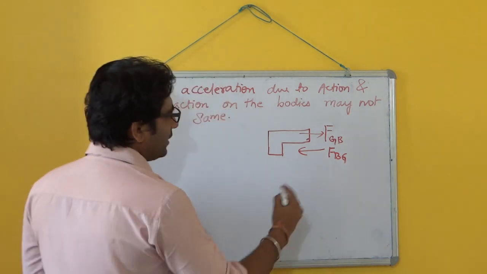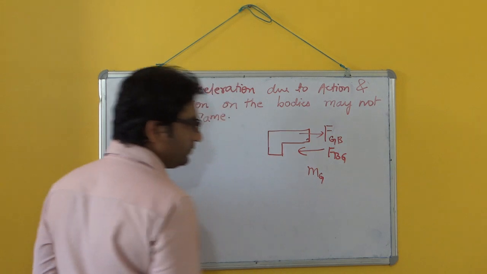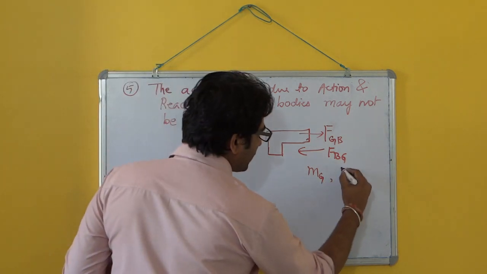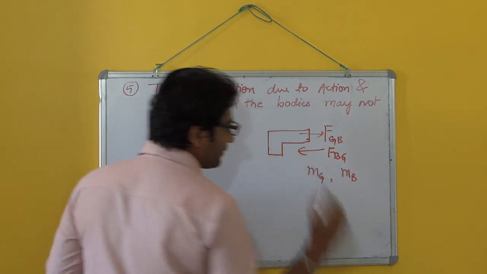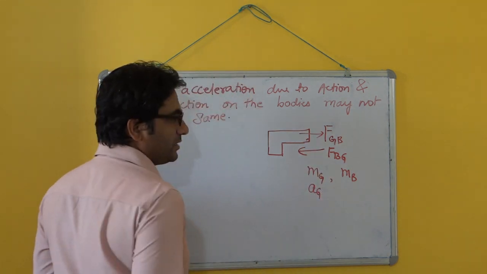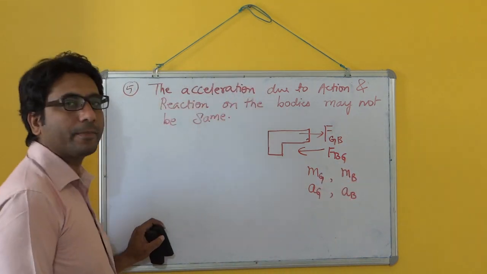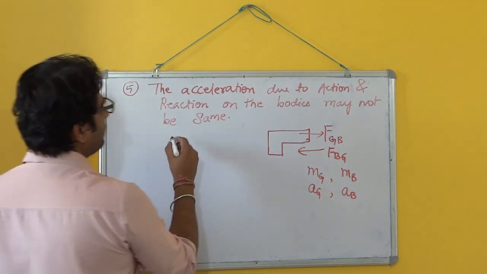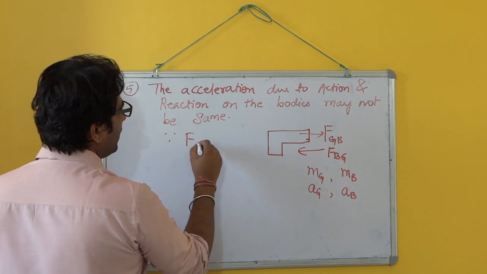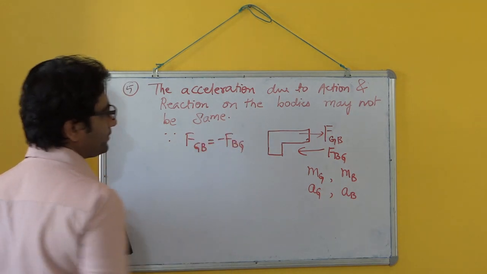Let us say the mass of the gun is given by mg and the mass of the bullet is given by mb. The acceleration of the gun is given by ag and the acceleration of the bullet is given by ab. In that case, we know that by Third law, FGB is equal to minus of FBG.